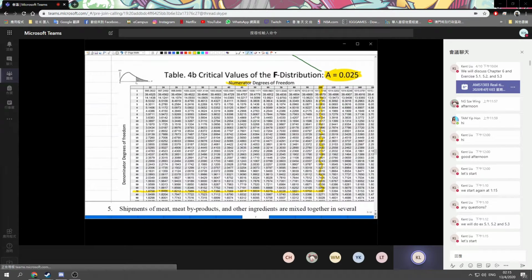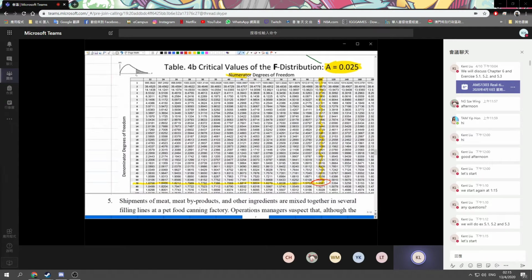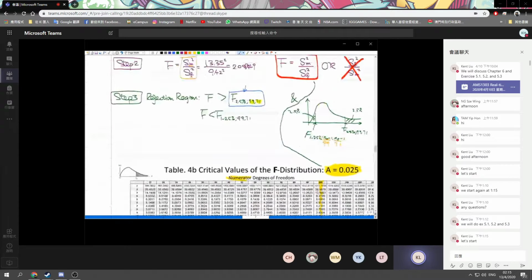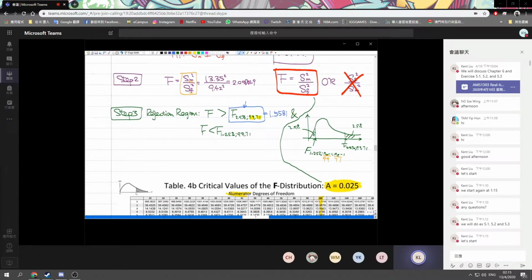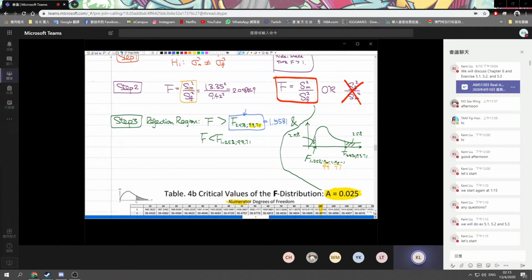Then we can see the critical value is 1.5581. So does our statistic fall in the rejection region? Certainly, yes. Here, it appears here, since this point is 1.5581.